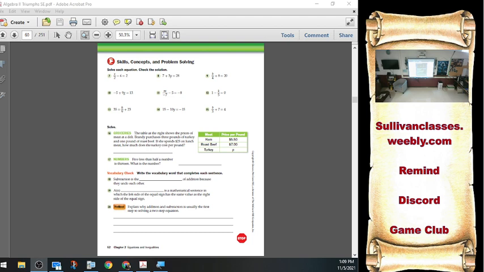I see 11, 12 non-vocabulary problems. I see 12 students. Volunteer or get drafted. Everyone is going up there to do something. Okay. Put your hand down, Landon. Okay.